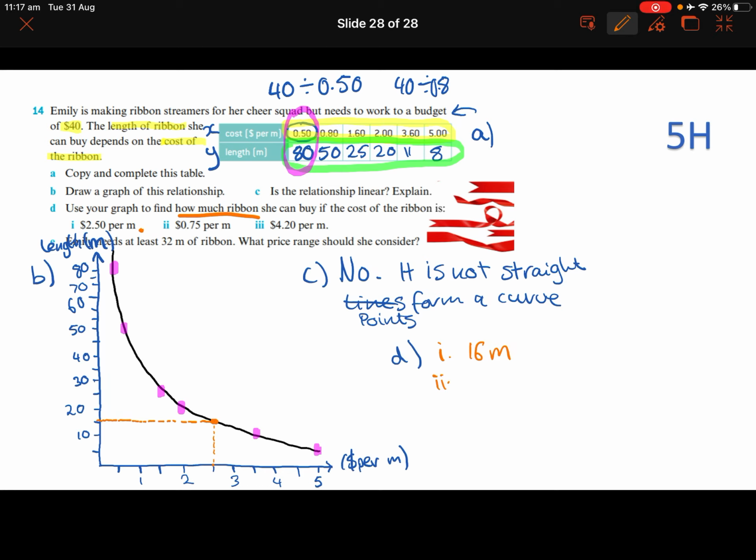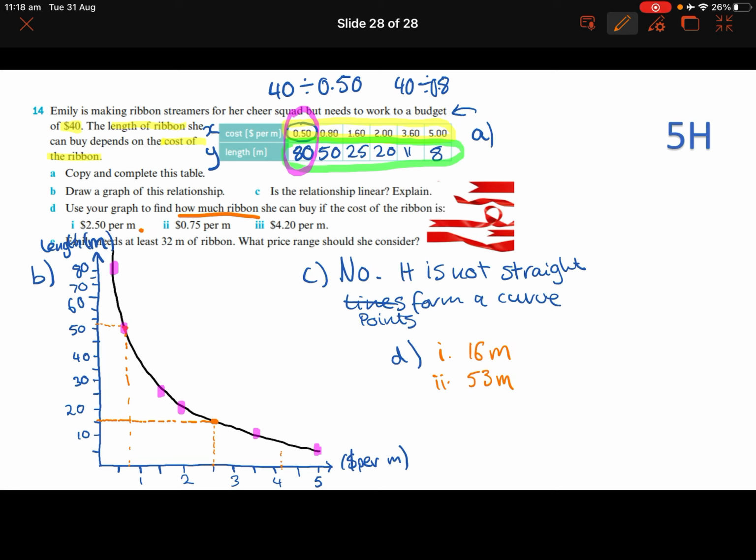75 cents, so that's 0.5, so 7.5. So I'm going to go all the way up here. So going along here, what is that? About 53. So these are all approximations, but you can get it pretty accurate, as long as you've ruled it pretty well. And number 3 says at $4.20.